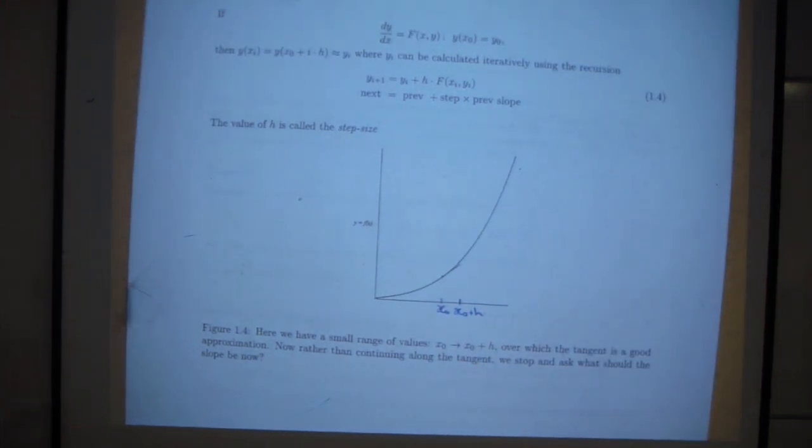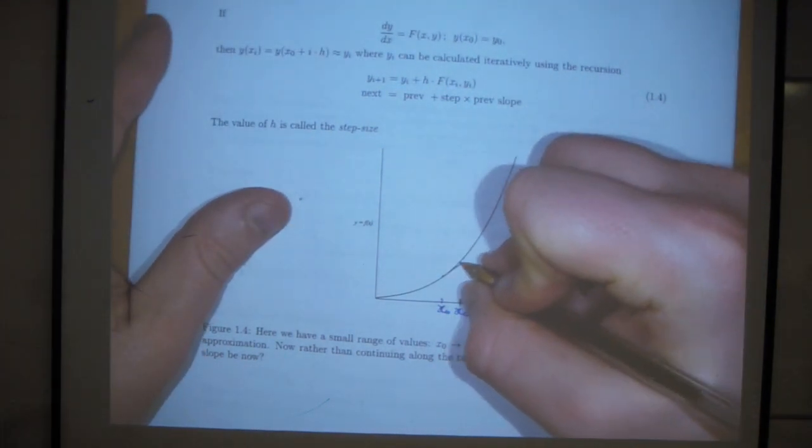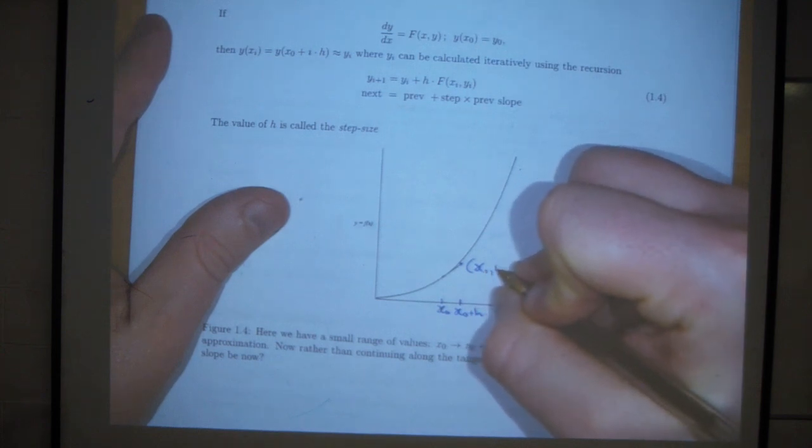So this is just the original theory really. A small range of values, x0 to x0 plus h, over which the tangent is a good approximation. Now rather than continuing along the tangent, we stop and ask what should the slope be now. And as we said, this is the point here, x1, y1.